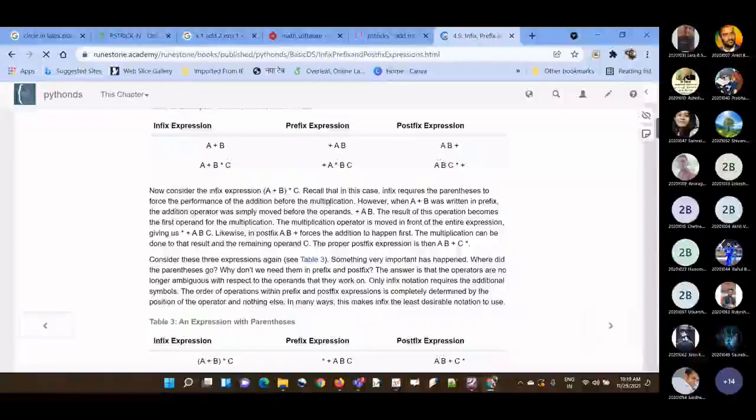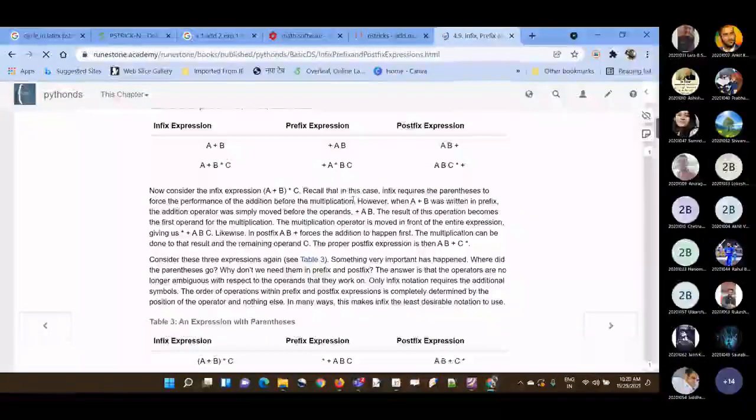But in postfix, we write like this. If we write A space B and then plus, it means we are writing A plus B. You start from the left, go towards the right, and then find the first operator.